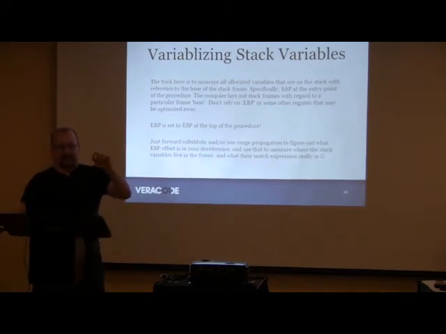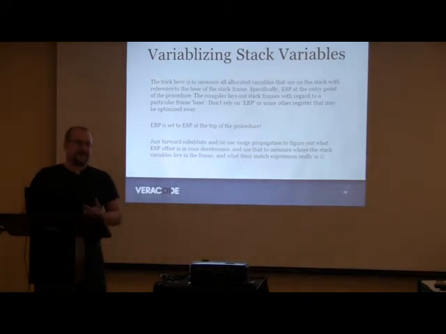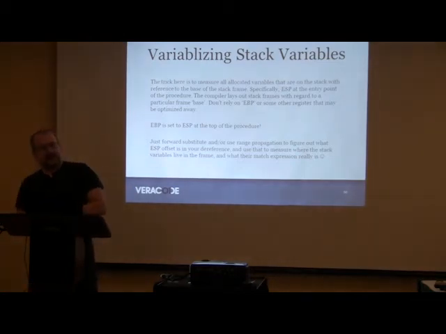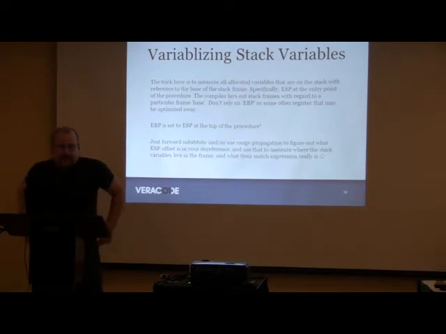And people sometimes use frame pointers, EBP equals ESP at the function prologue. But if you rely on that EBP to be there, you're going to find that you're screwed when you realize that optimized programs don't have those things. But they always do have an ESP at the top of the procedure. That's always there. It's guaranteed to be there. So if you make your match expressions based off of the ESP at the top of the procedure, you're going to be in win mode.